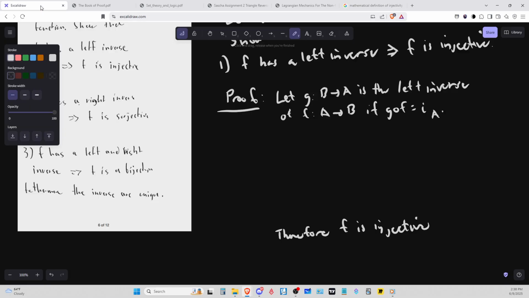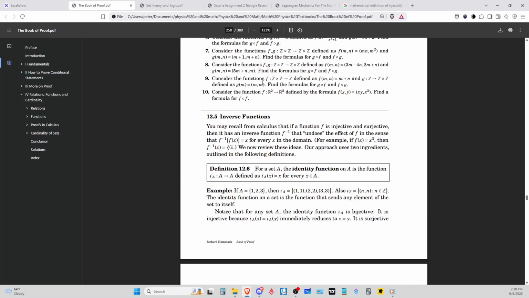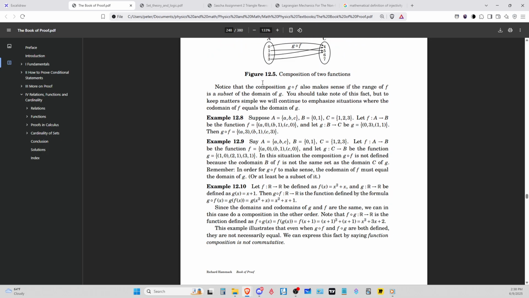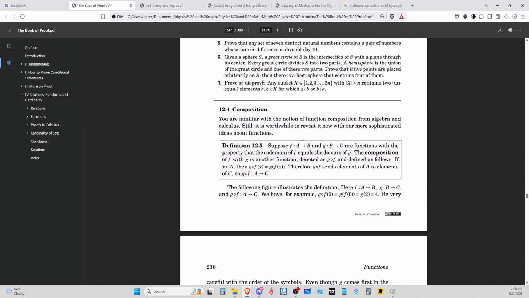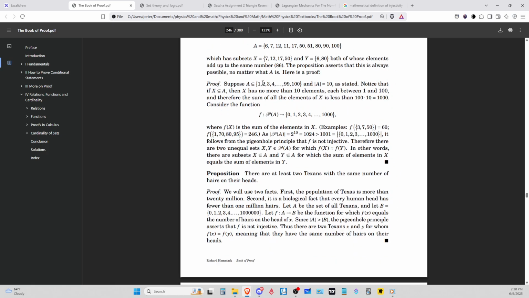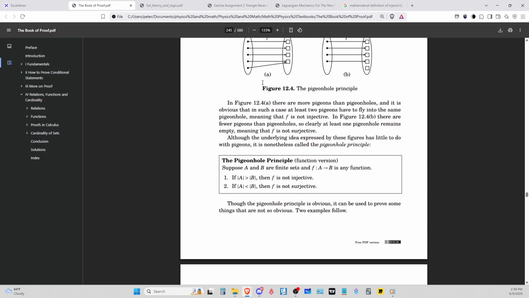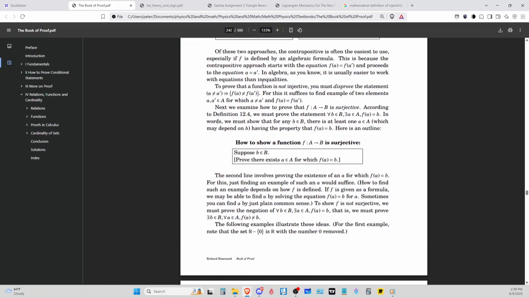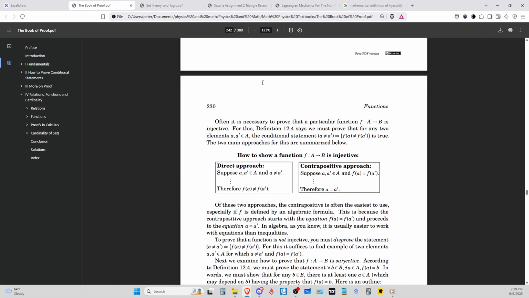Definition 12.4. Thank you for that, Mandan.